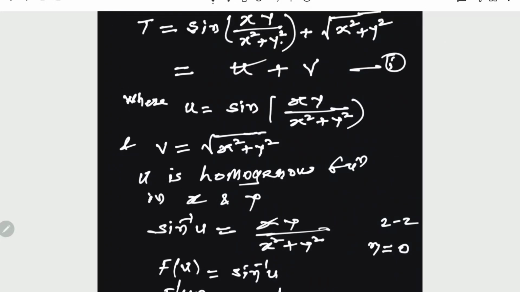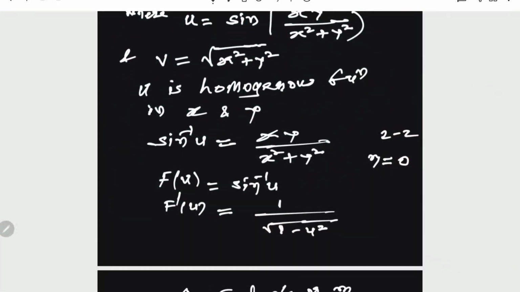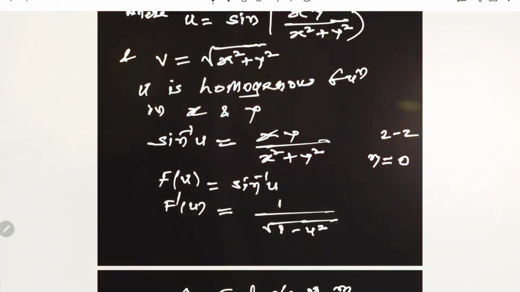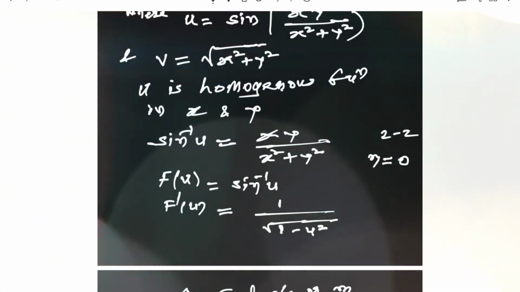Differentiating it, we get f dash of u as 1 upon square root of 1 minus u square, and degree of numerator term is 2, degree of denominator term is also 2, and therefore the degree of that function is 2 minus 2. We get n as 0.